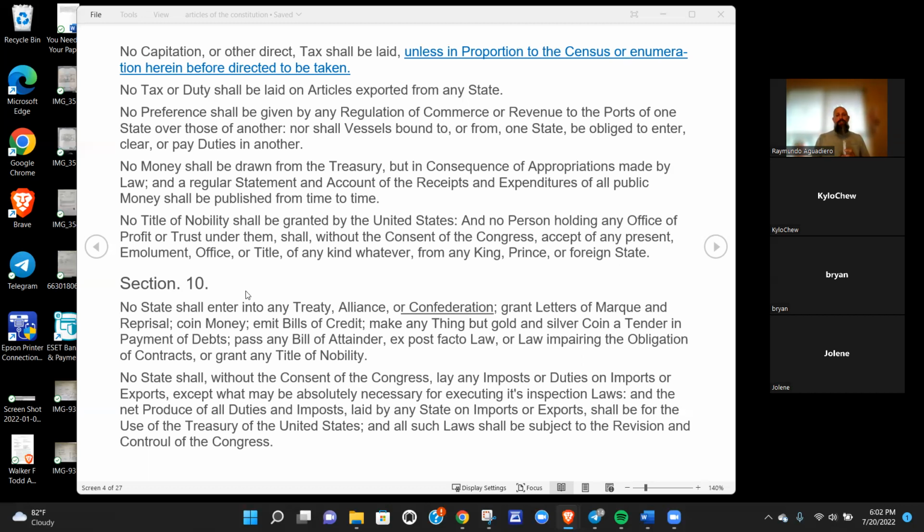No state shall, without the consent of Congress, lay any imposts or duties on imports or exports, except what may be absolutely necessary for executing its inspection laws. The net produce of all duties and imposts laid by any state on imports or exports shall be for the use of the Treasury of the United States, and all such laws shall be subject to the revision and control of Congress.